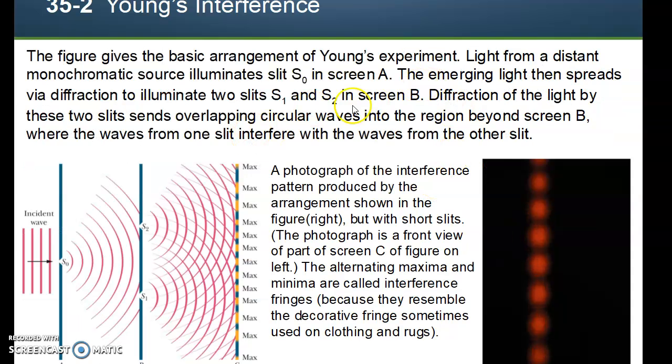Continuing on, a photograph of this type of interference pattern is shown right here. And you can see that you have the alternating maximum and minimum. These interference patterns are called your normal diffraction pattern.